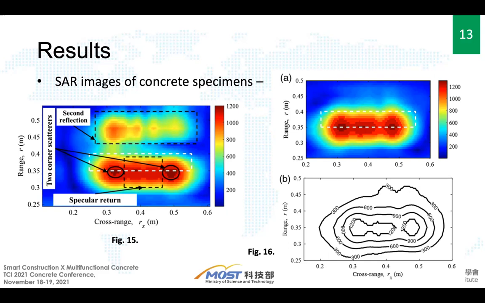The selection of this contour value is not within the scope of this presentation. However, in a different topic, we already solved this problem by identifying what we call the critical contour area. This critical contour area characterizes the SAR image, and we use these critical contour areas to define the properties of the SAR image of a given concrete specimen.